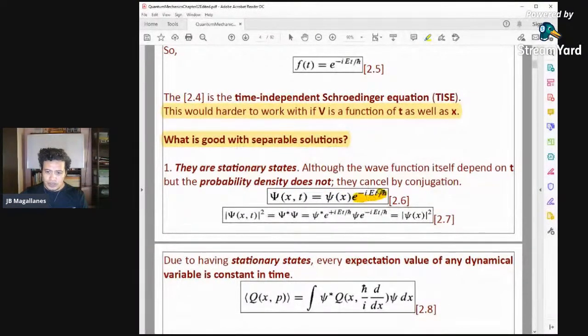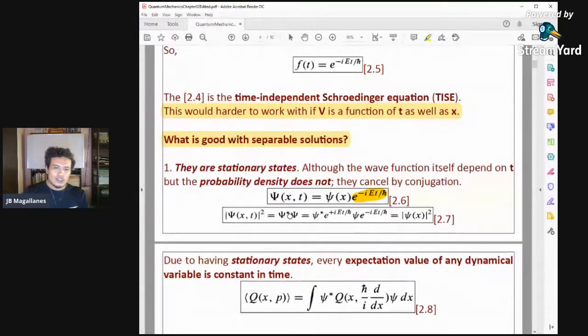This one is your f, this one is your phi. So your psi is just a product of phi and f. If you square this, this means that you take the modulus of psi squared. This is just equal to psi star psi. So you will have this expression.